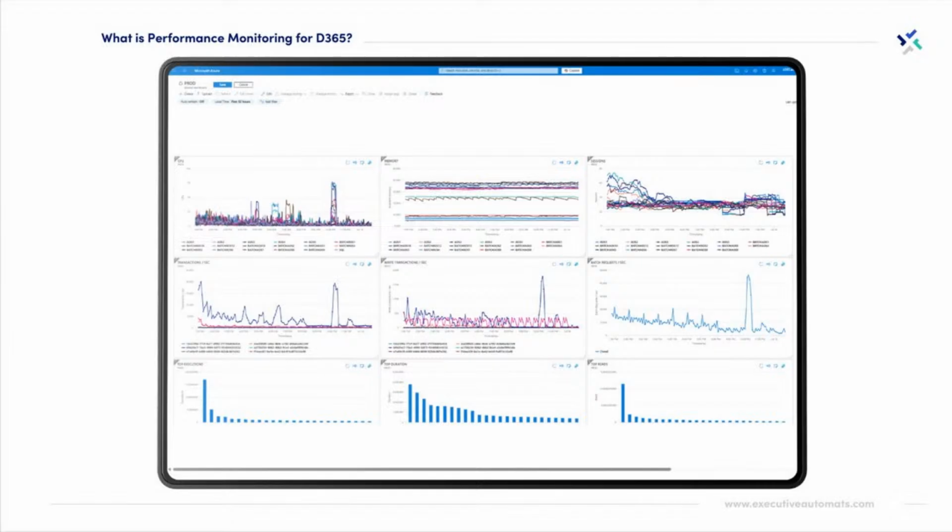This solution can be used as a complement to performance testing with executive automats, providing information about system load and areas that require optimization, but it can also function as a standalone tool for continuous monitoring of our environments, including sandbox and production environments, providing rapid issue detection and immediate notification about problems.